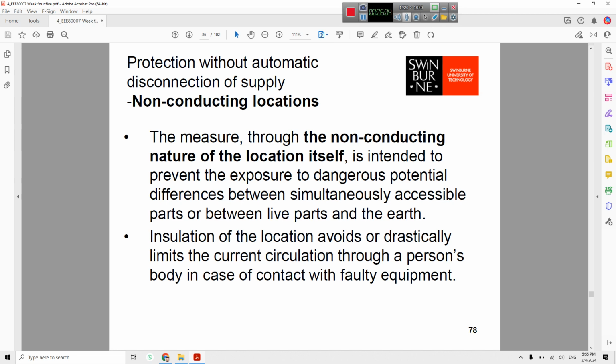Insulation of the location avoids or drastically limits the current circulating through a person's body in the case of contact with faulty equipment. So sometimes we insulate a room or premises.